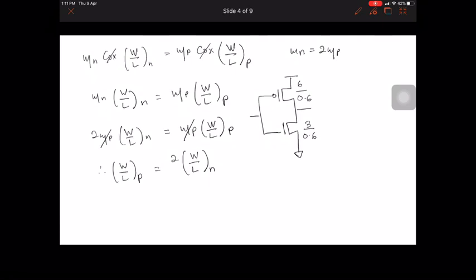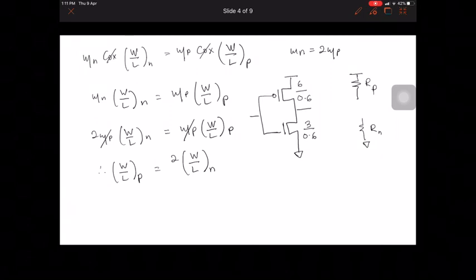Now, in terms of the R, this is RP and this is RN. Right? So the initial resistance is Rn and Rp. But Rn is not equal to Rp.